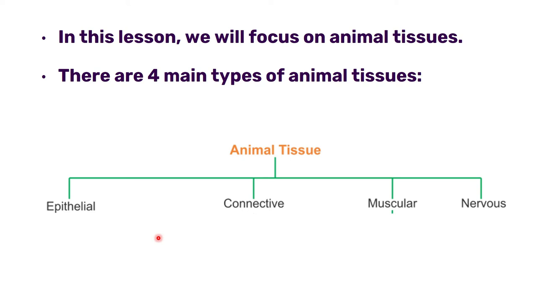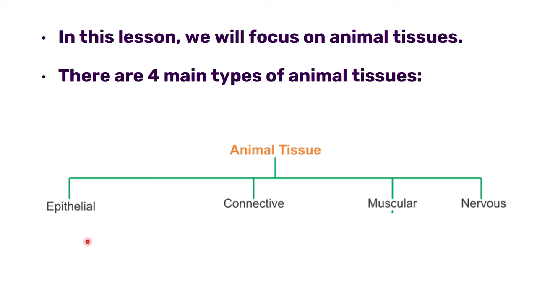There are four main types or classes of animal tissues. First we have epithelial, and we also have connective tissue. We also have muscular tissue, and we have the nervous tissue.